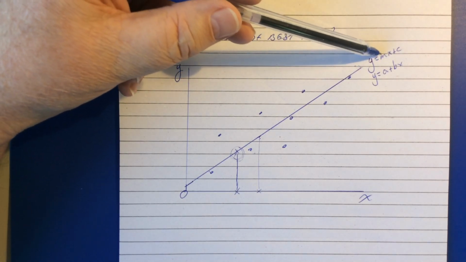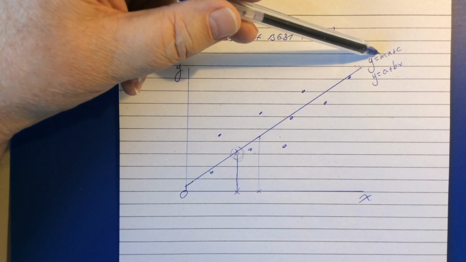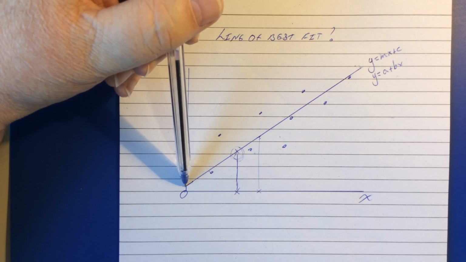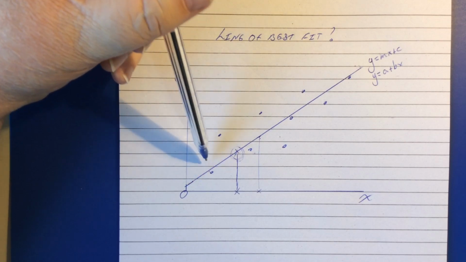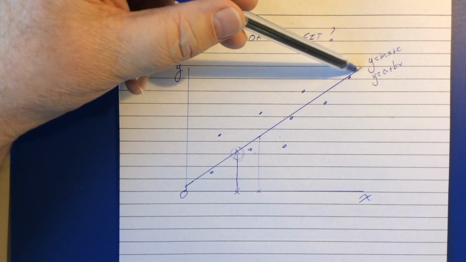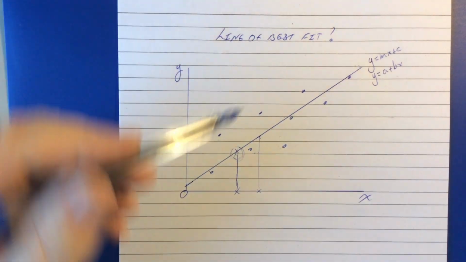So in this case, we've got a positive gradient, and we've got a y-intercept, so we've got a value at 0, and what you can see is that basically the line has this data clustered around it.